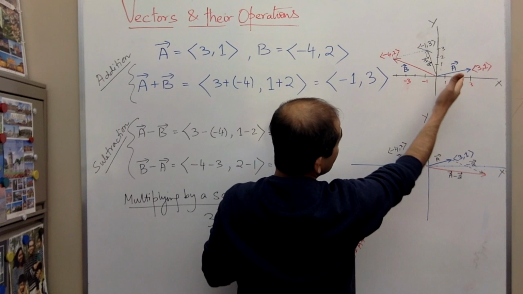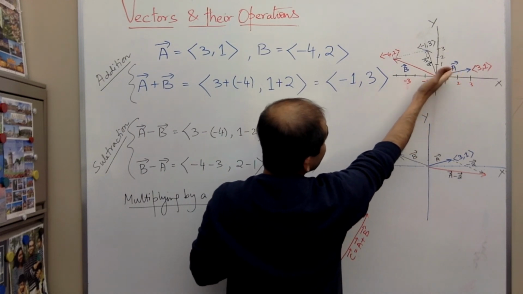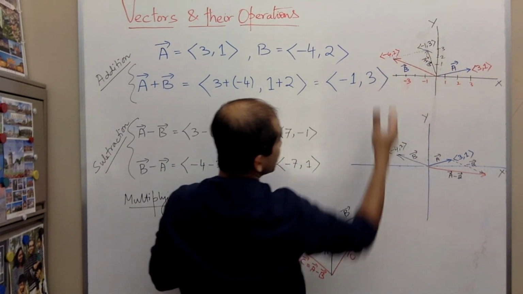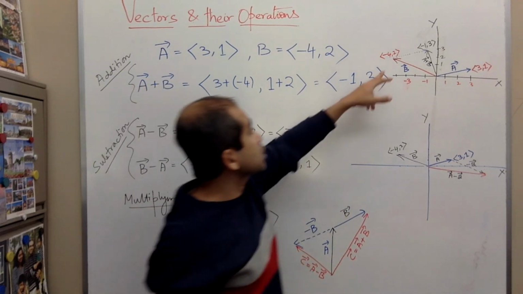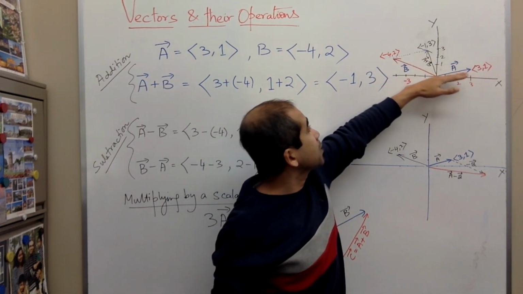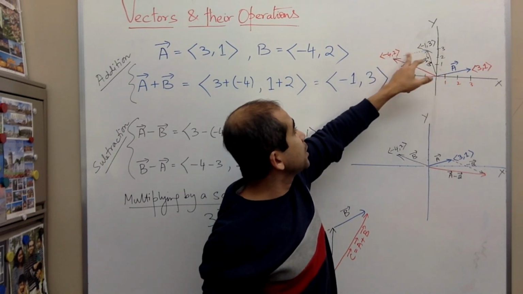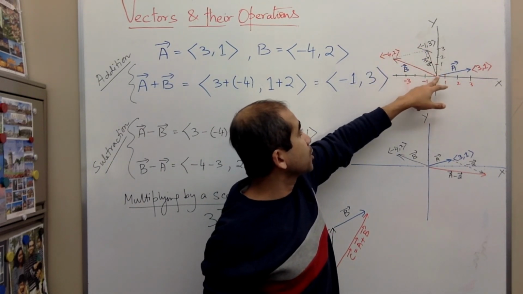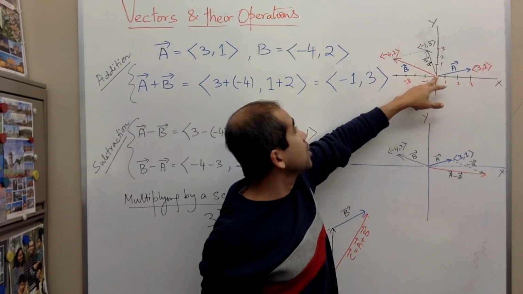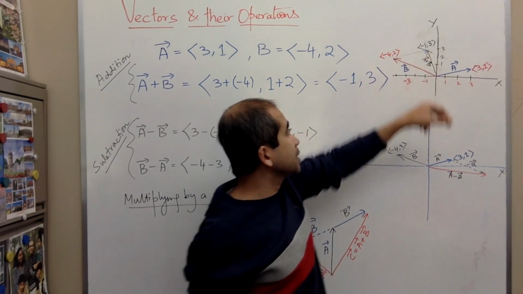Now you see one thing: if we slide A gradually and touch it at the tip of B, this dotted line is basically A after being slid up to here. Then A plus B is nothing but the resultant from the tail of B to the tip of A. So that is A plus B.